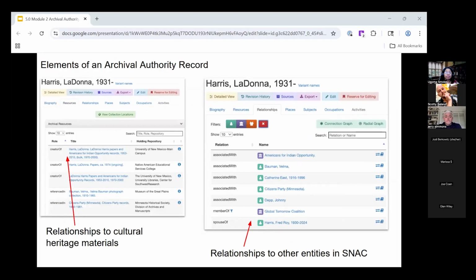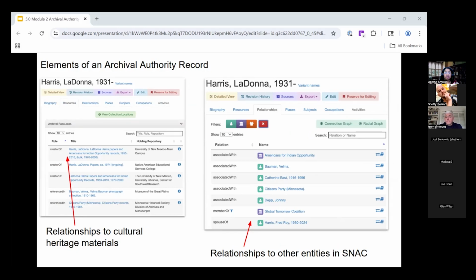At the heart of SNAC's mission is the linking of entities, one to archival resources and two to other entities in context. Here we have LaDonna Harris's SNAC record, and the resource relations and related entities found in SNAC are highlighted. Harris's SNAC record provides contextual links to original archival collections created by her or archival materials about her.